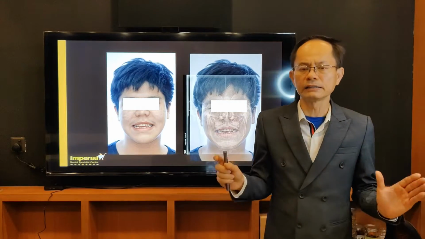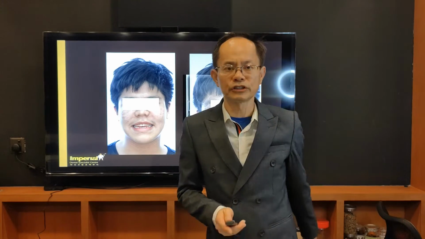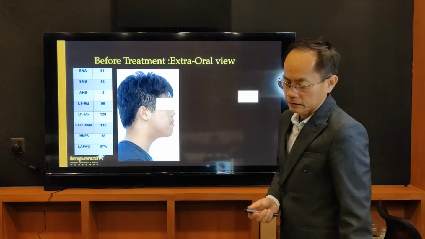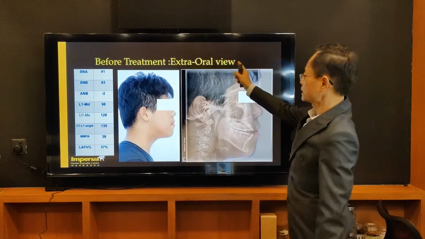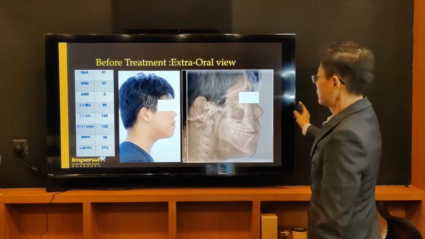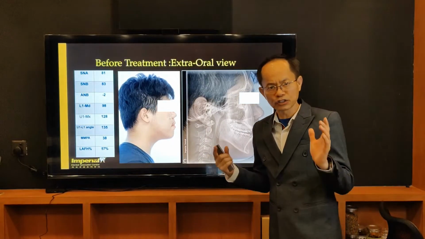With the computer analysis, we are able to know whether the source of this problem is skeletal, which is the jawbone, or dental, the teeth, or of soft tissue origin. We also take a lateral ceph, an x-ray with lateral cephalometry, and we analyze it with software using AI.